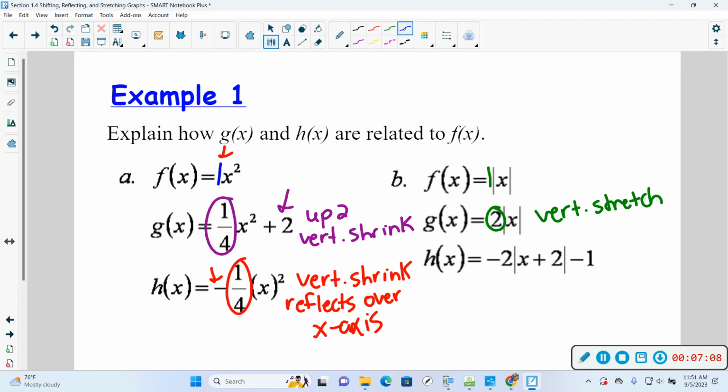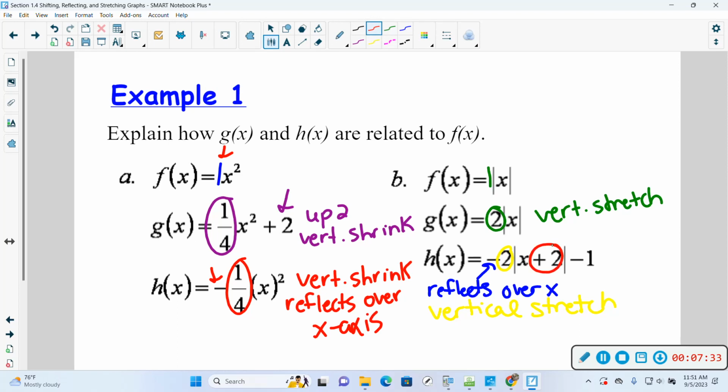Whew, we got all sorts of things in h. Let's just work left to right here. The negative, of course, is going to reflect. So I'm going to say reflects over x. So many things. The 2, of course, is a vertical stretch again. We got it all in this guy. Okay, next up, of course, we've got the plus 2.